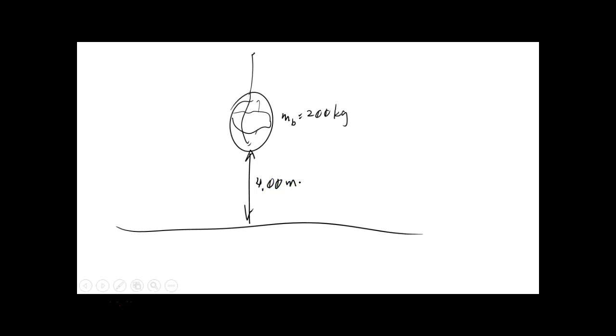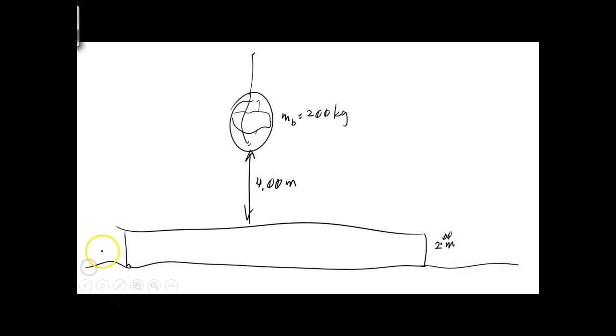Above a concrete platform whose top is 2 meters above the ground. So this here is 2.00 meters above the ground. This is the ground down here. This is the concrete surface. And the concrete surface is 2 meters above the ground. The wrecking ball is 2 meters above the concrete surface.